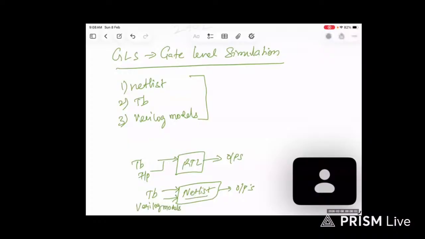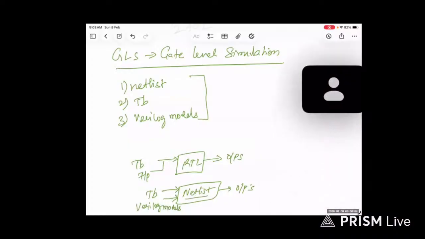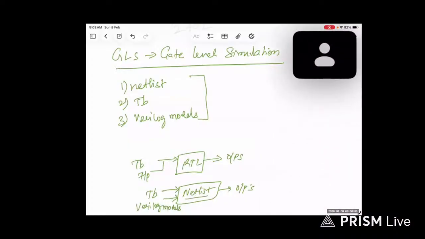So what are the components that are there in the netlist? Combinational and sequential components, right? So you have combinational gates and you have sequential gates.